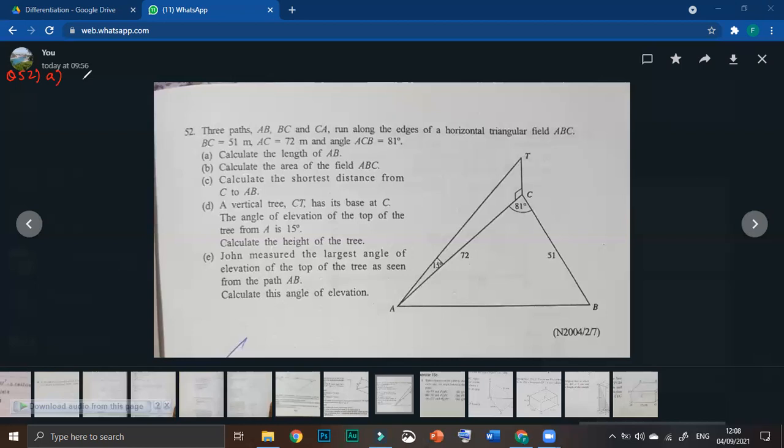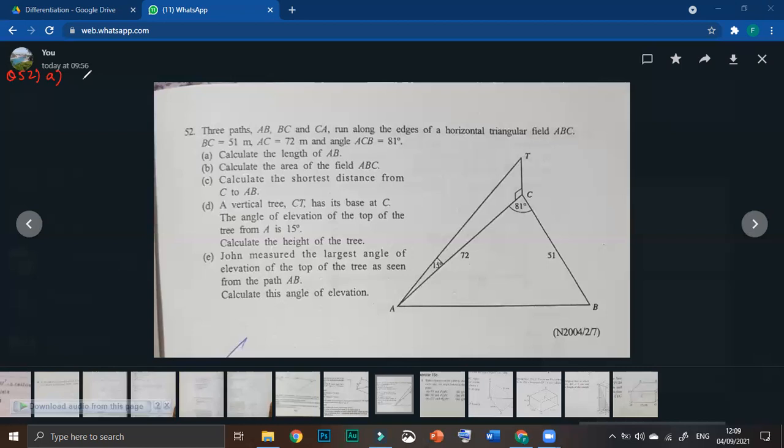We will use the sine rule when an angle and its opposite side are given. Now, in the triangle ABC, an angle and its opposite side is not given. Two sides and the included angle are given. If two sides and the included angle are given, then we will use the cosine rule to find out the third side.